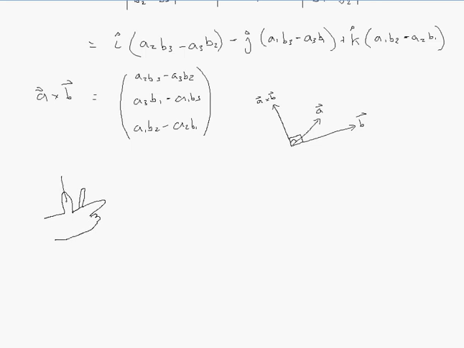This is going vertically up, is your A cross B. Your middle finger kind of pointing sideways, it can be either A or B, it doesn't matter. And notice that A cross B by definition is going to be orthogonal to both A and B.